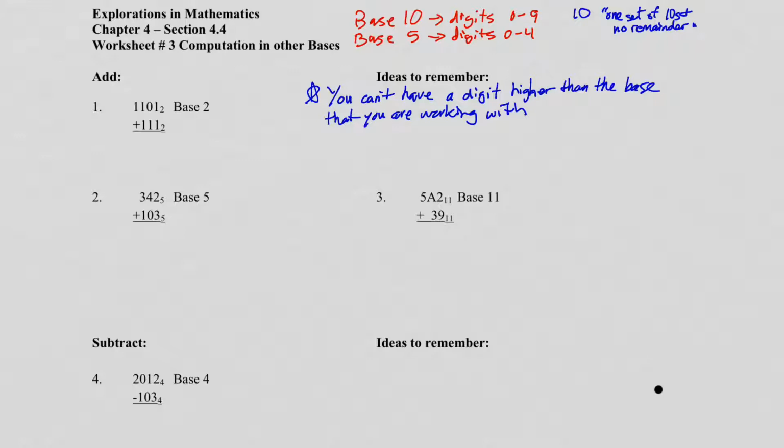So the numeral 10 in base 5 also means one set of fives, and no remainder.